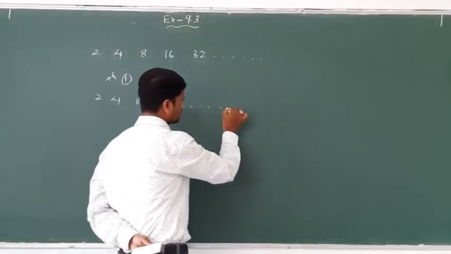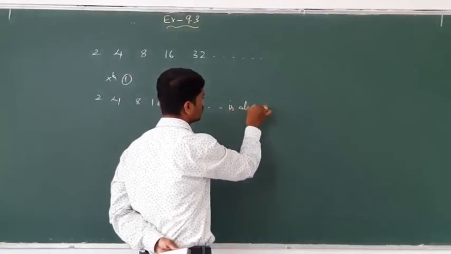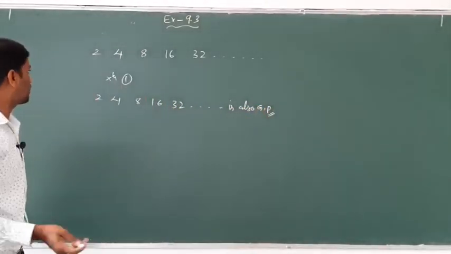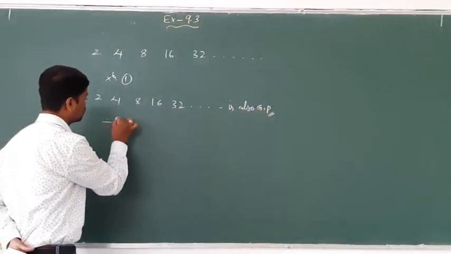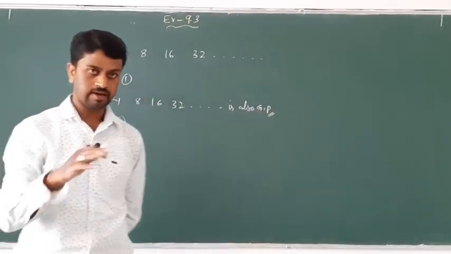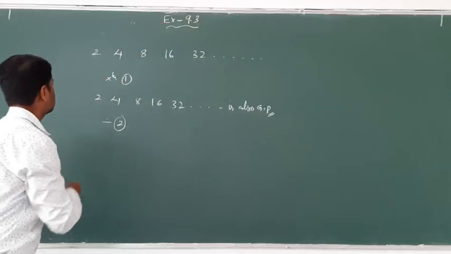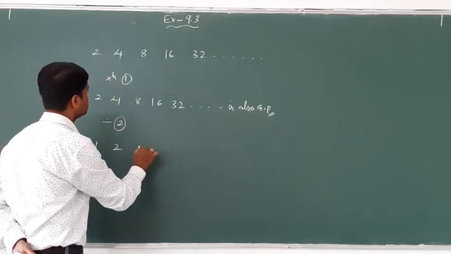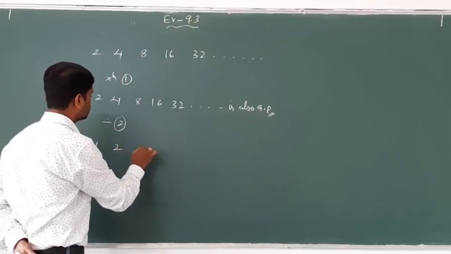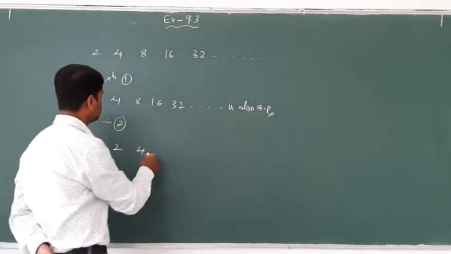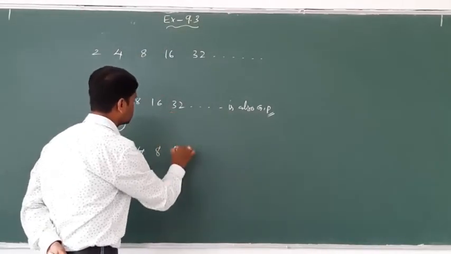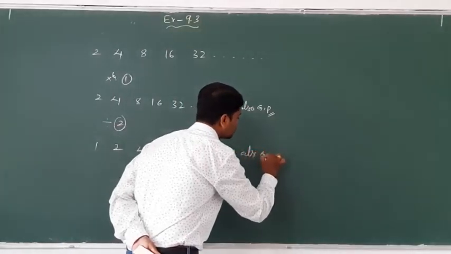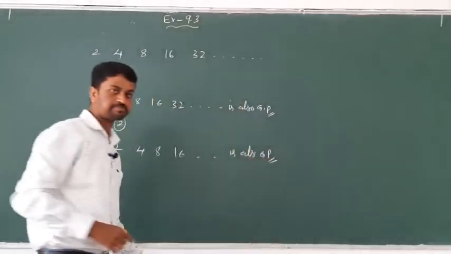Same number is also a GP, or divided by 2. Listen, as 1, next 2, next 4, next 8, next 16 and so on is also a GP.